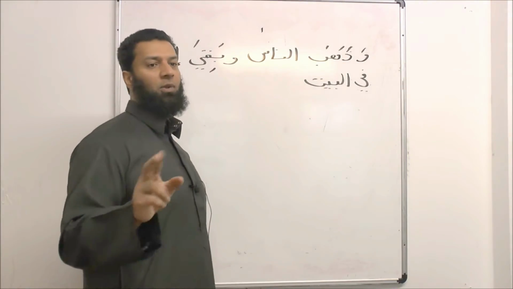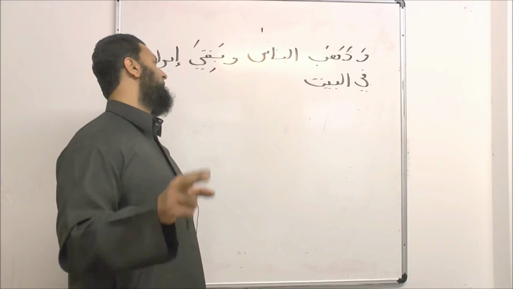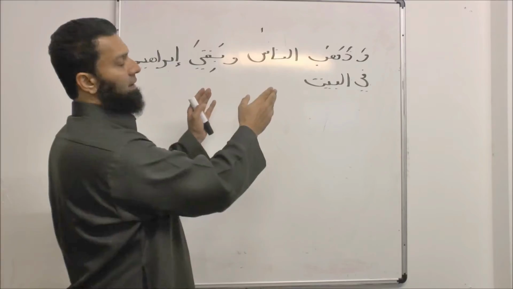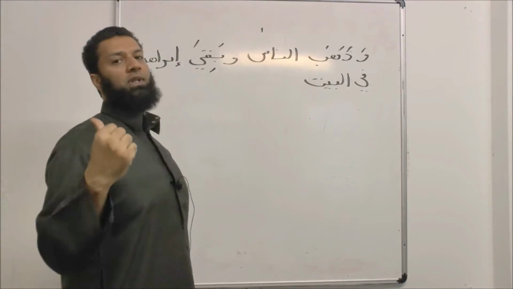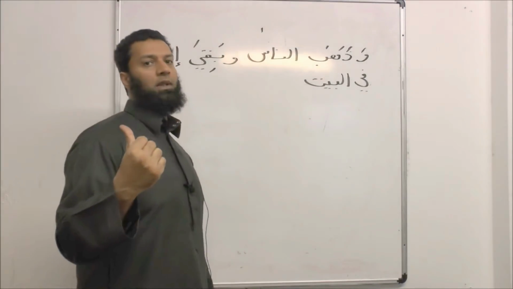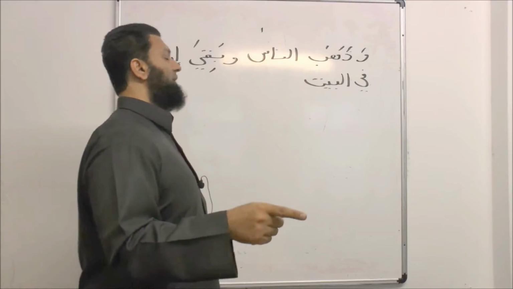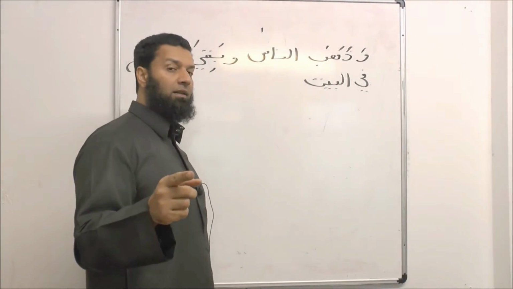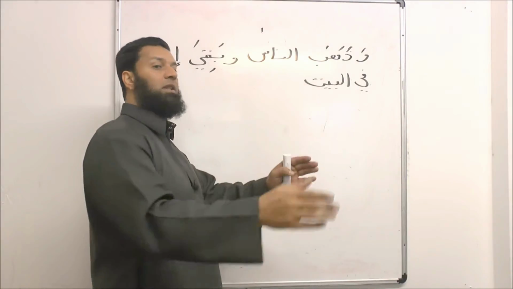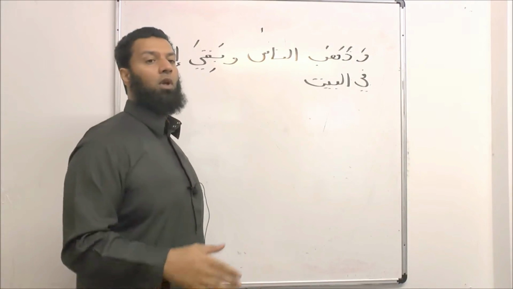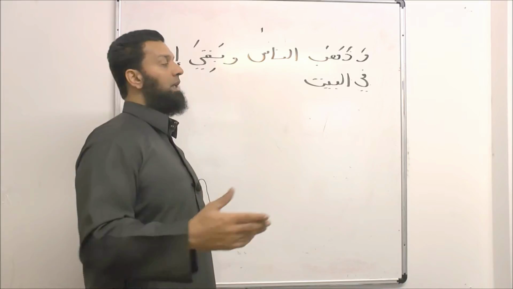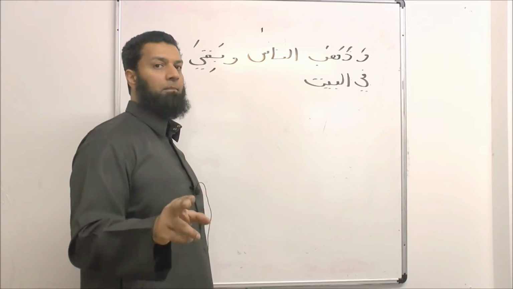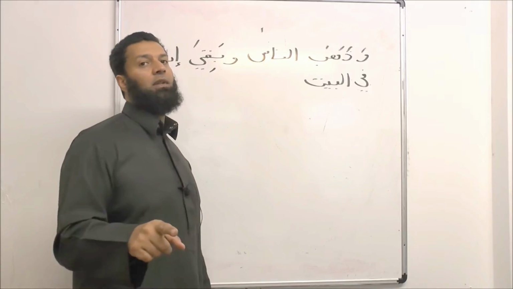The difference between them is that harfu al-atf connects this sentence with what preceded it, right? And if it's harfu istinaf, then it doesn't. It's just a continuation of the text. Right? Remember that's the distinction.